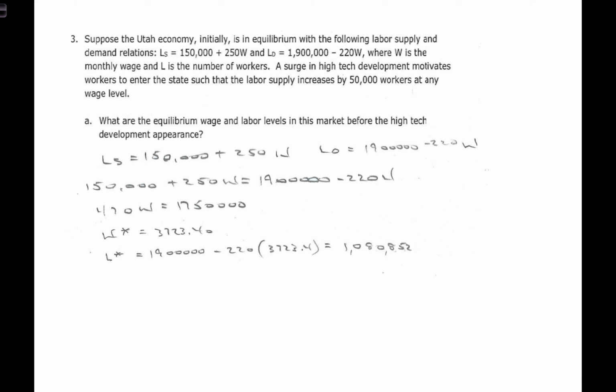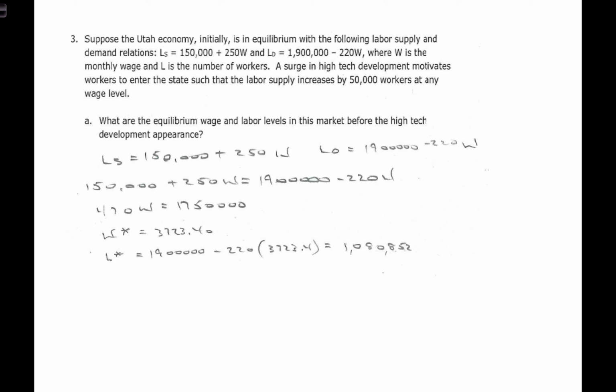Labor supply is equal to labor demand. The first thing we do in part A is identify the equilibrium wage and labor levels. So we simply set those two equations equal to each other, such that 150,000 plus 250 W equals 1,900,000 minus 220 W, which yields a W star, or the market clearing wage, of a monthly wage of 3,723.4.